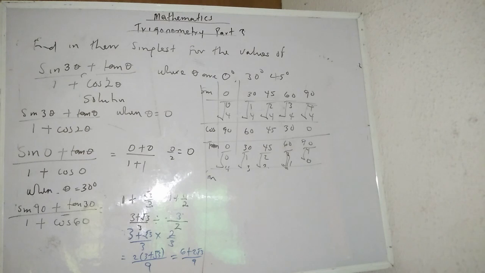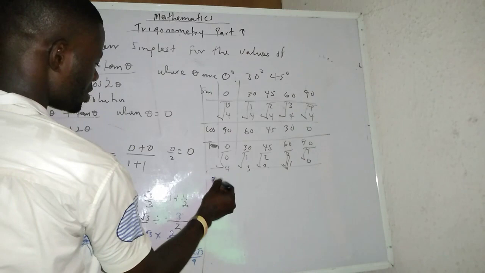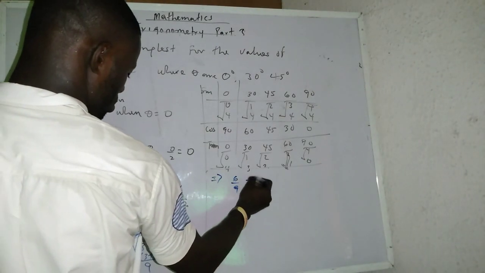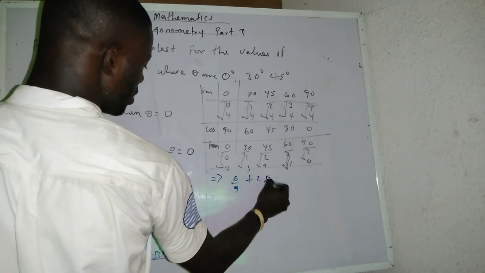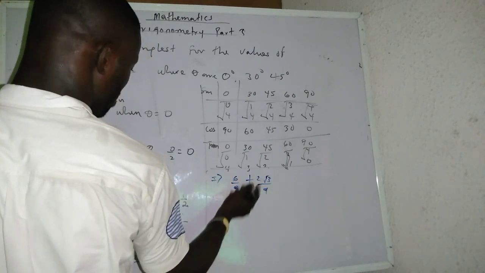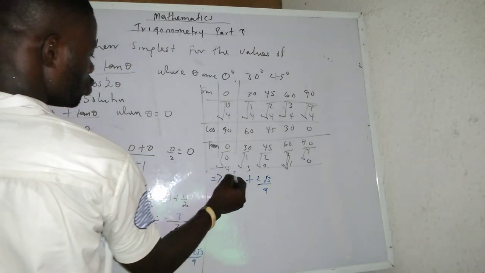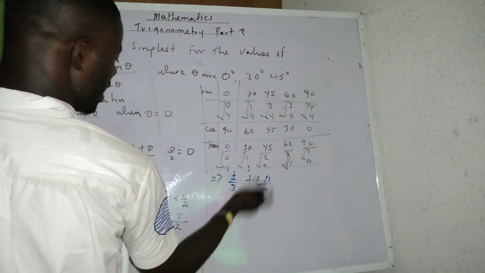Okay, is there any mistake? No. So 1 plus root 3 all over 3, yes, that is my final answer, which I can also express as 6 all over 9 plus 2 root 3 all over 9, where 6 over 9 can be cut down to 2 all over 3, and so on.